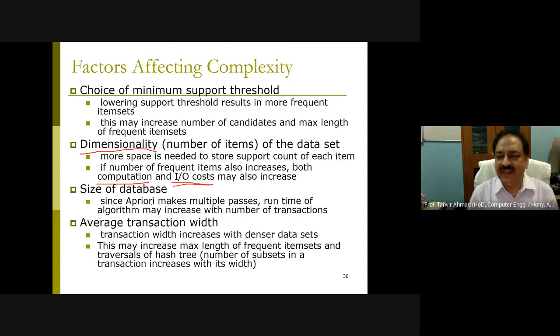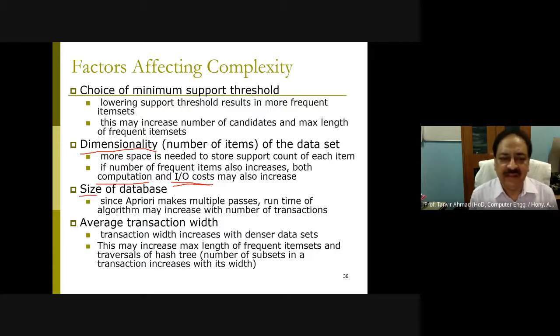Because you have to bring the particular transaction from the hard disk to the RAM. Initially the database resides in the hard disk or the secondary memory, and once you run the algorithm, that data must be loaded into the primary memory. Therefore, the time will increase when you do a lot of swapping between the main and the secondary memory.